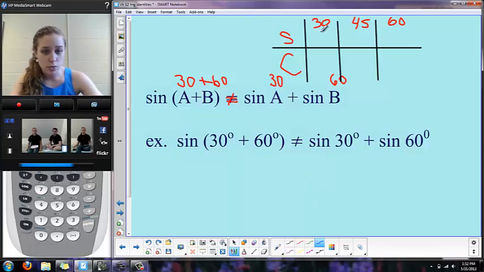So you do 1, 2, 3, 3, 2, 1. Everything is divided by 2. And then you put a radical symbol over the 2's and the 3's.